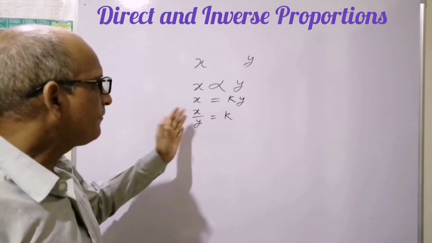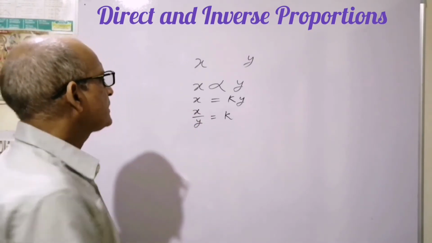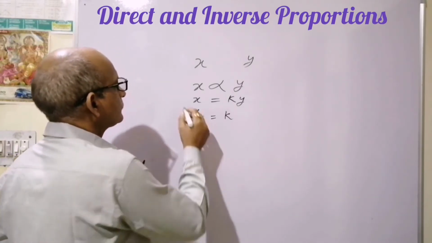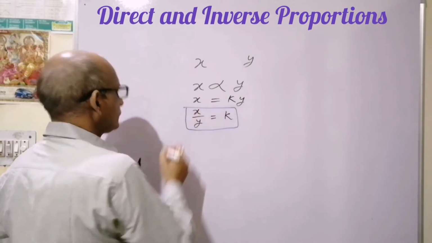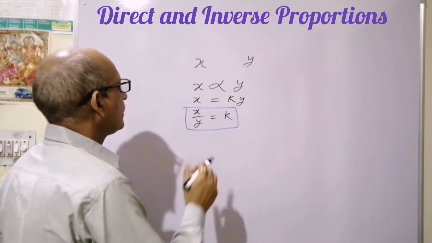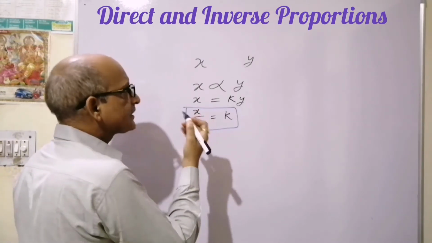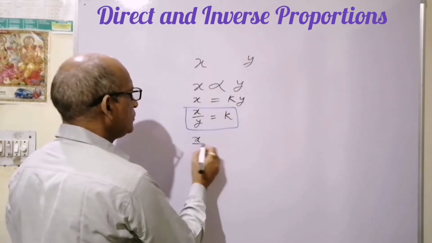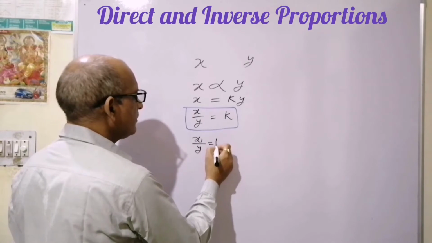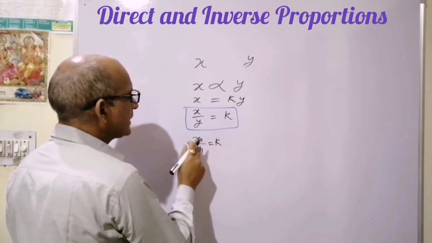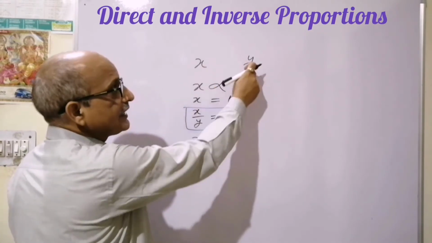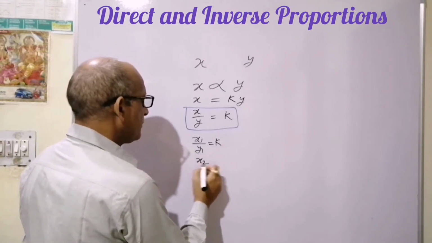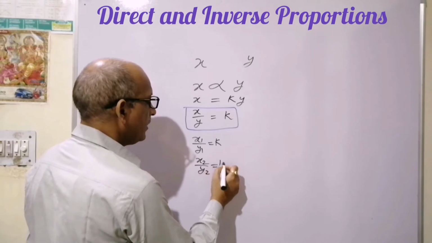It means if x and y are changing, then what shall we do? We take, say, x1 and this quantity is y1, so x1 upon y1 is constant. Say it is x2, consequently it comes to be y2, so we get again x2 upon y2 is equal to k.